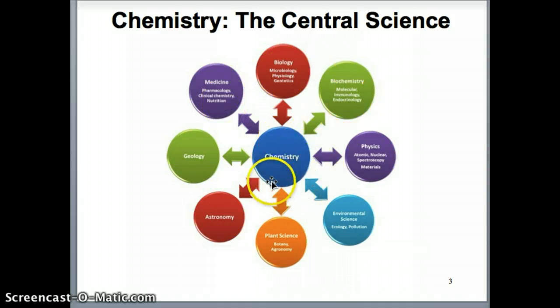A lot of things that you do in engineering, in environmental sciences, geology. So as a result of that, it's quite important to understand chemistry and have chemistry as a basic set of tools that you can apply to the major that you're planning to go into later in your college years, even if you don't plan to major in chemistry.